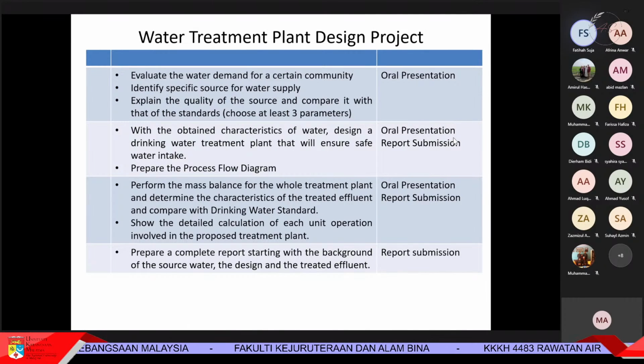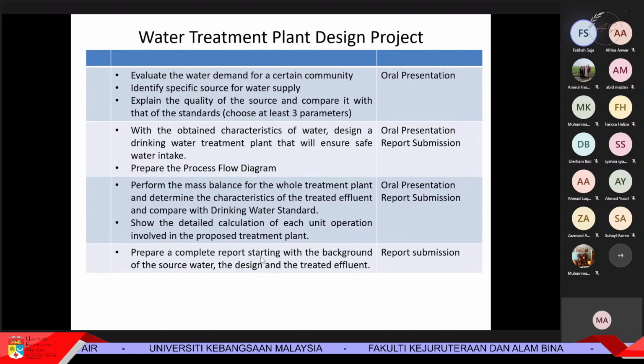So perform the mass balance for the whole treatment plant and determine the characteristic of the treated effluent and compare with drinking water standard. Show the detailed calculation of each unit operation involved in the proposed treatment plant, and prepare a complete report starting with the background of the source water, the design, and the treated effluent.